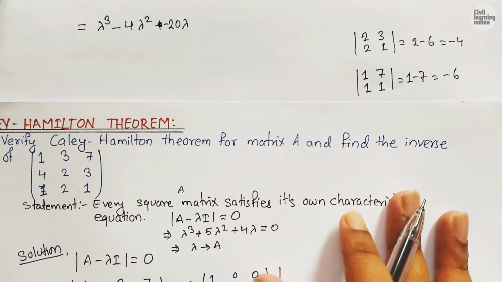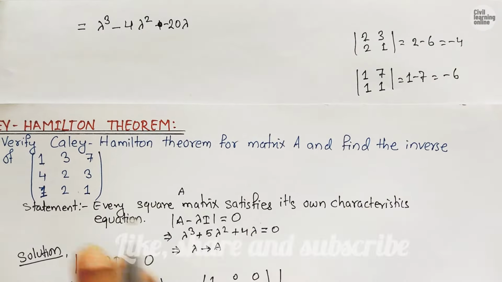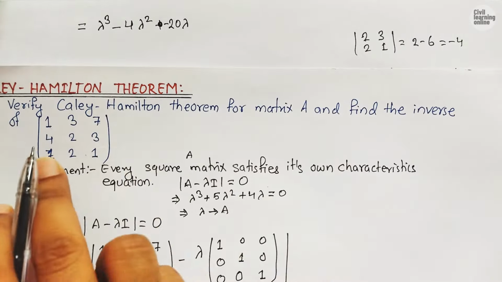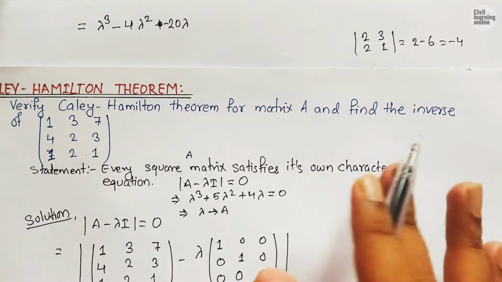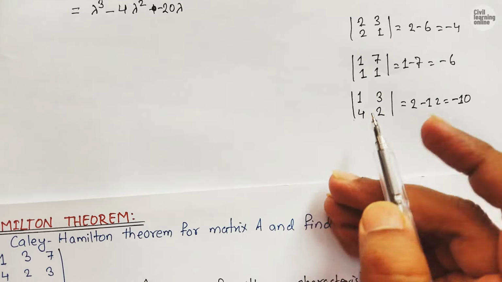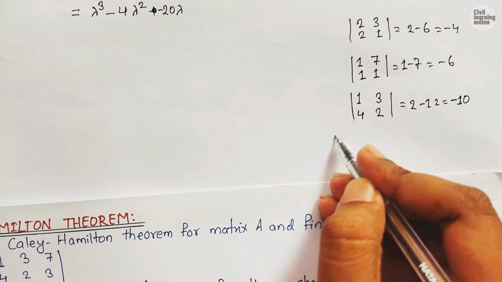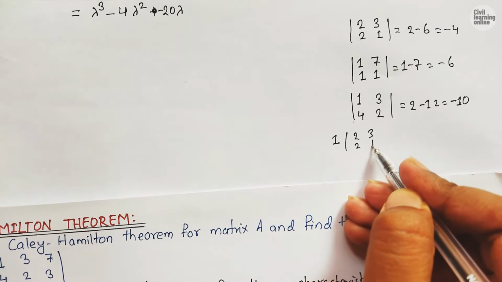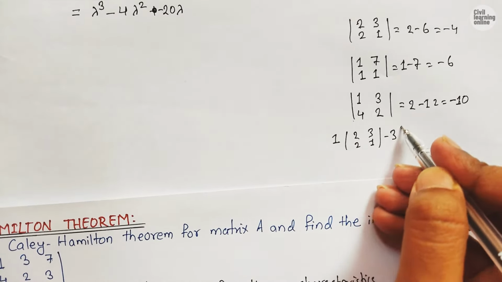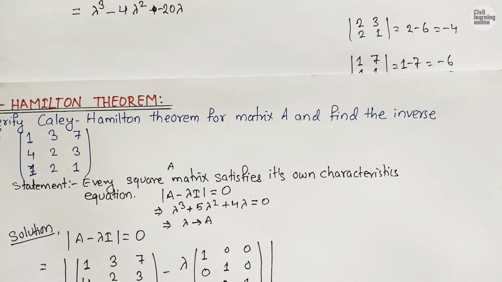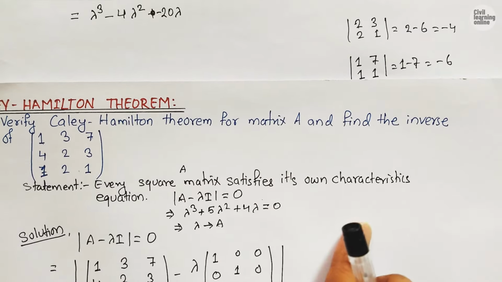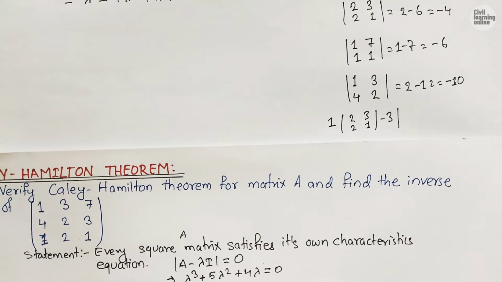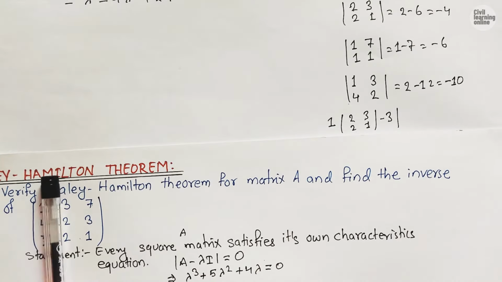Now we need to find the determinant of matrix A. How are we going to find it? See here, we have matrix A. So 1 times, let me use this page as rough, we have 1 times 2 2 3 1, minus 3 times. The step is the same: the row and column in which the respective element lies, we will cover that and write the other elements, and then do the further operation.